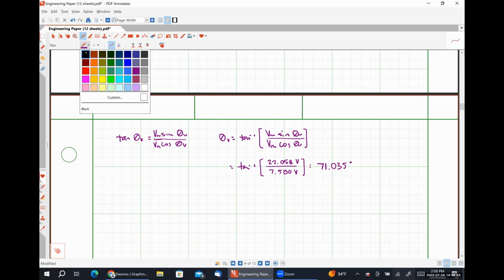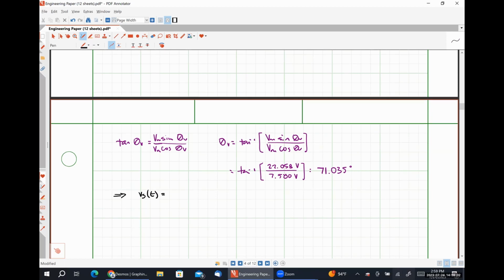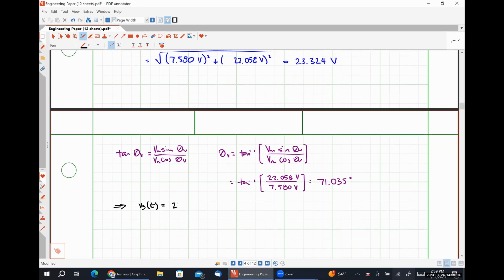So putting this together, Vs of t should be equal to 23.324 cosine 5t plus 71.035 degrees volts. So I got my magnitude right. I have a positive phase angle, so that's good.